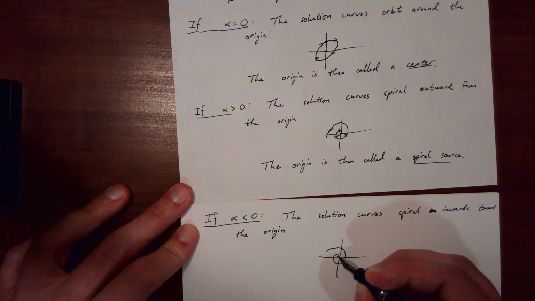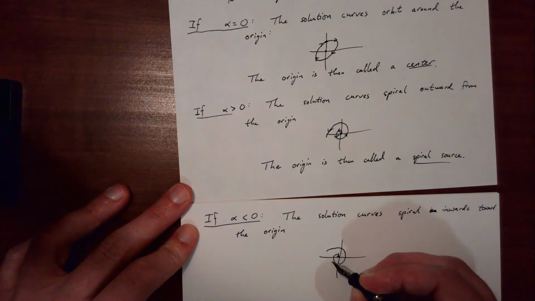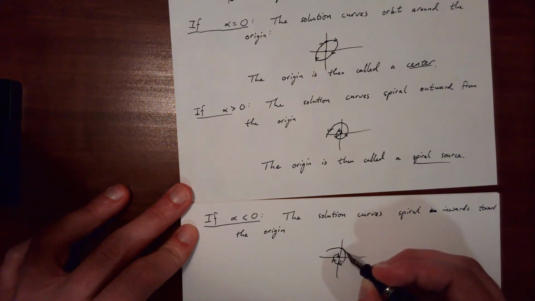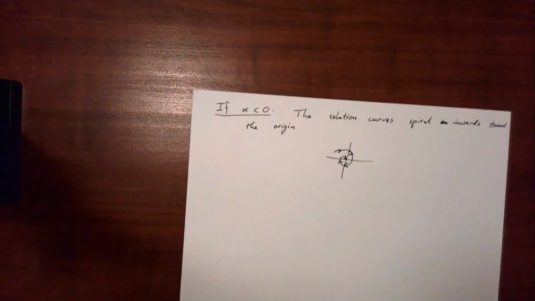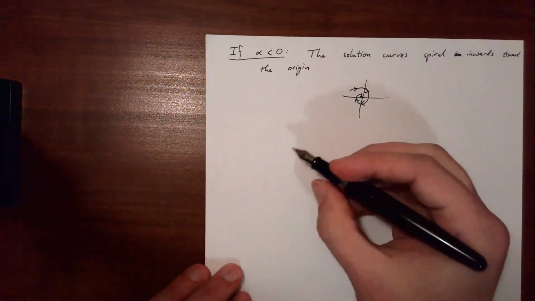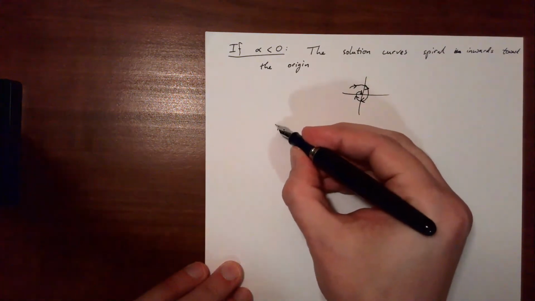So its silhouette maybe looks a lot like this one, except the difference is that the direction of motion is different. And this is called something you might be able to predict. The origin is then called a spiral sink.